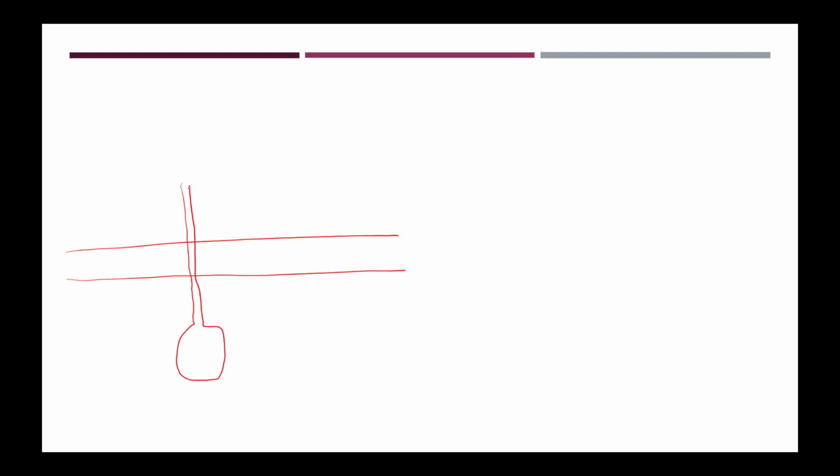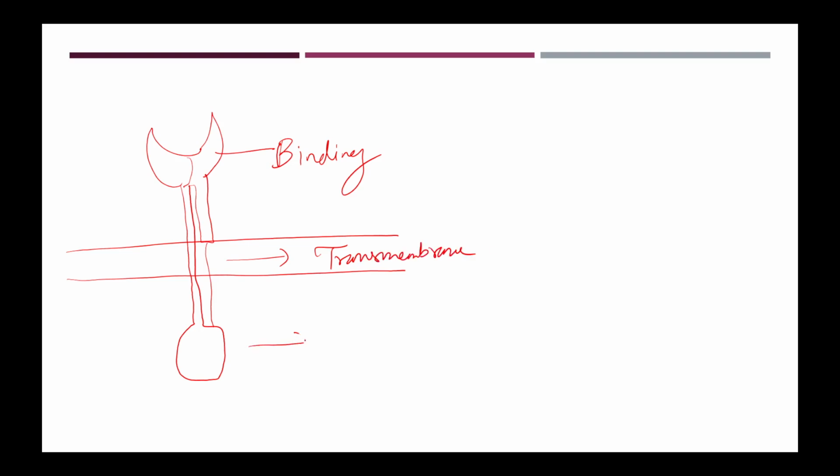Generally, a normal T cell has a receptor like this. This has a binding domain, a transmembrane domain, and a signaling domain.